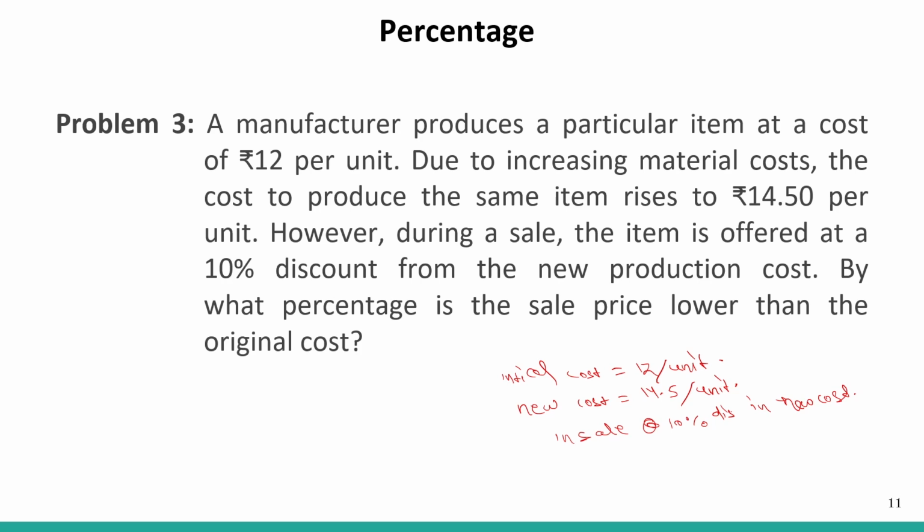By what percentage is the sale price lower than the original cost? So the initial cost is 12 rupees per unit, and the new cost is 14.5.